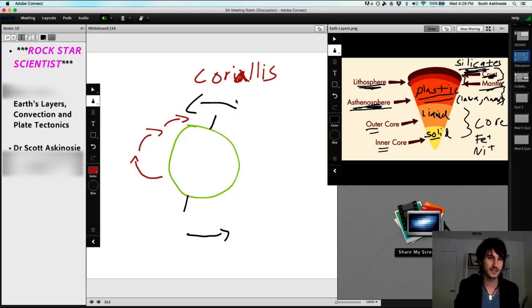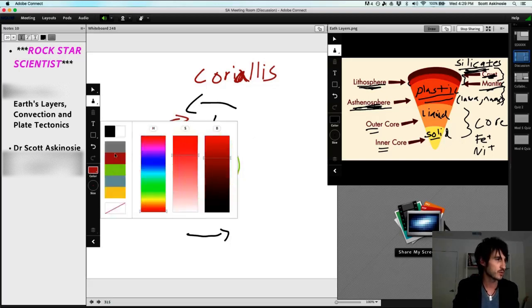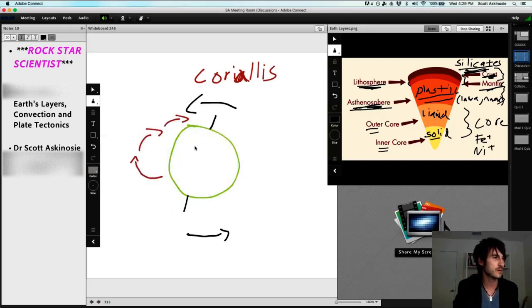So the Coriolis effect is caused by the rotation of the planet. And it's kind of a difficult concept to grasp, but let me draw you a little very poorly drawn picture to help illustrate this. So let's say that you're hanging out here on the equator, and you're playing catch with your buddy that's up here in the northern hemisphere. So you're going to throw a ball right to him, or at least that's what you try to do.